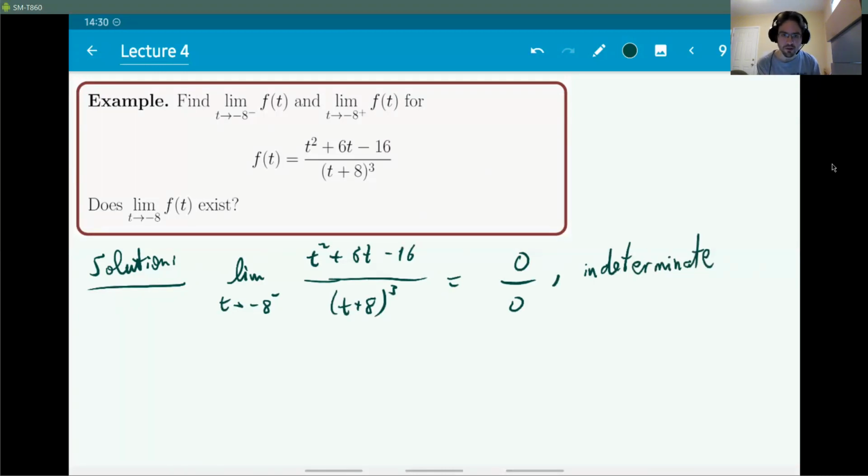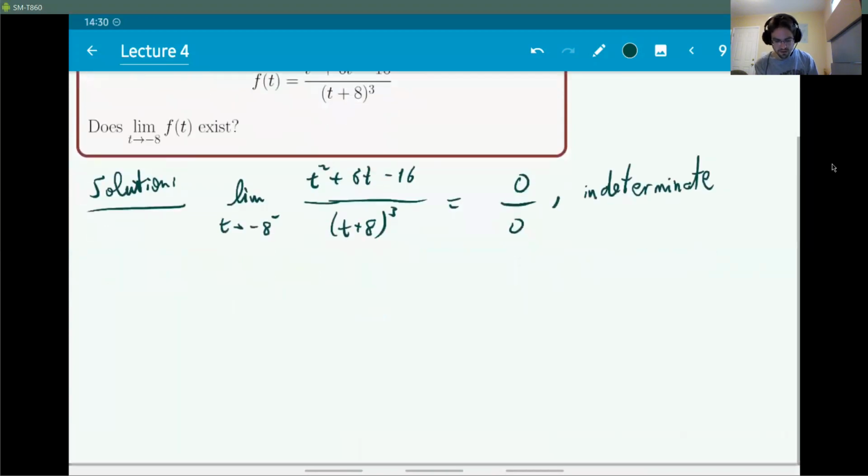You need to just do something to simplify this first of all. And this is a very standard type of simplification right here. It is a rational function. You can probably try to factor and cancel. So in the top, factoring the quadratic here, you're basically looking for two numbers with a sum of 6, product of -16. So that's 8 and -2.